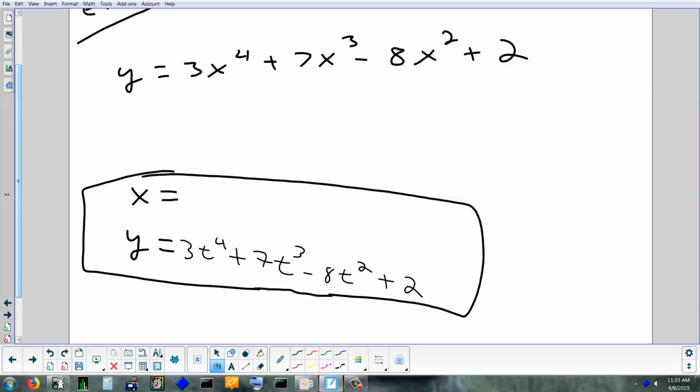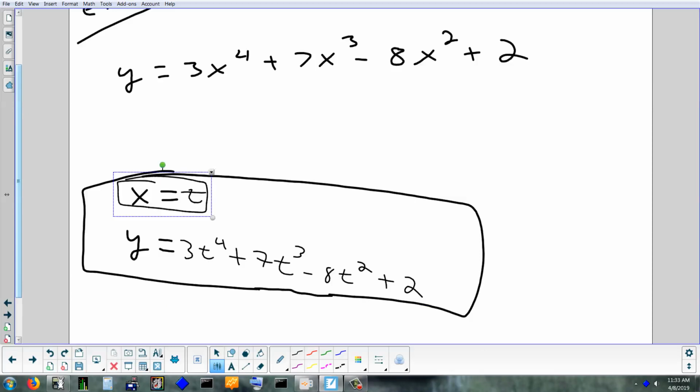So the t's should turn into x's. So what should I write for my top equation? What would be the whole thing? x equals t. Yes. Now the way you can check it, do just like we've been doing.